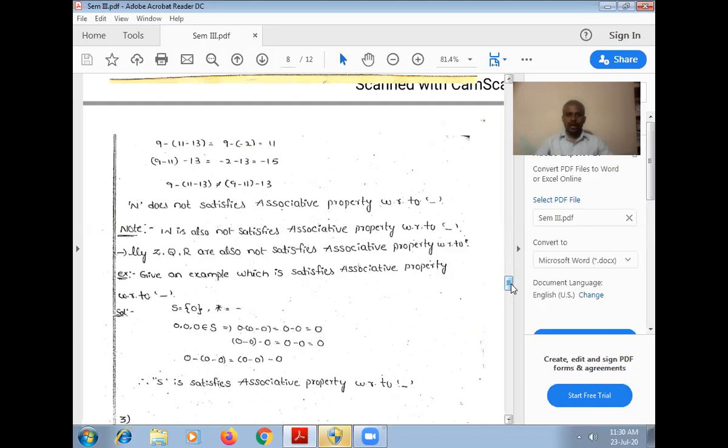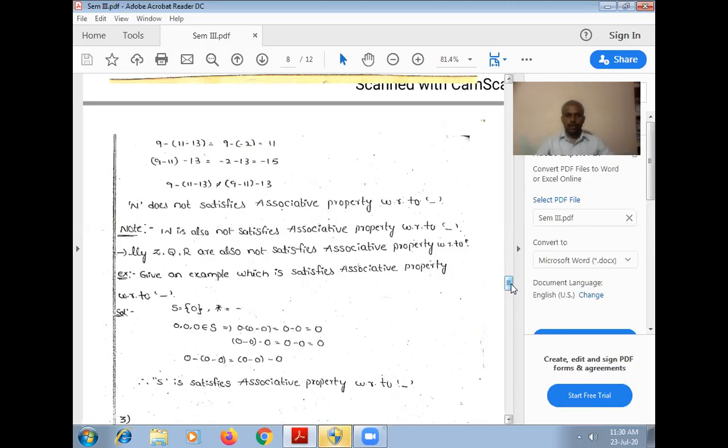Similarly, W also does not satisfy the associative property with respect to minus, because the above three values also belong to W. Similarly, Z, Q also do not satisfy it with respect to minus.